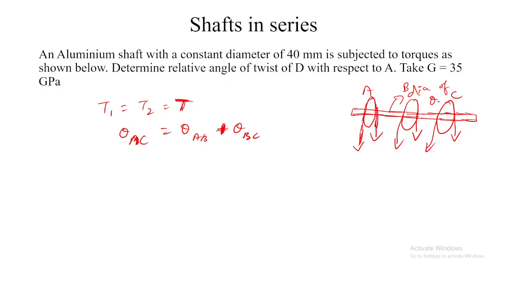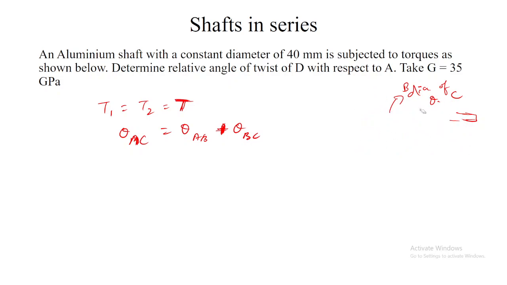Yes, sir. Based on this, they have given a diagram like this. The condition T1 equals T2 equals T is valid only for a shaft connected to two shafts made of different diameters and different materials.